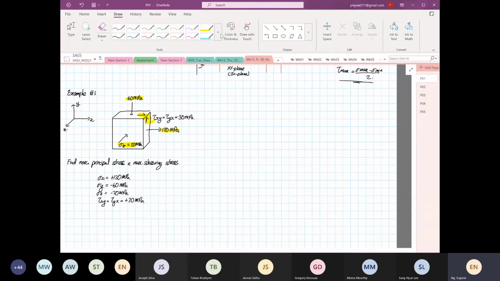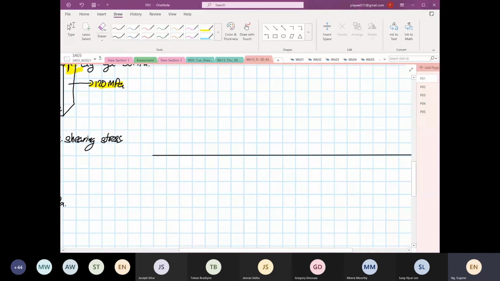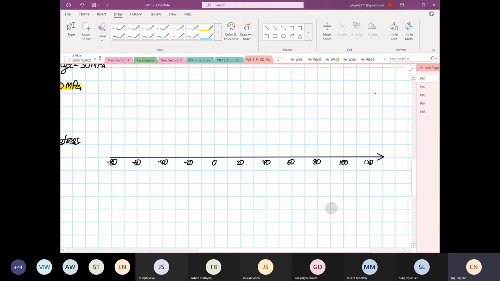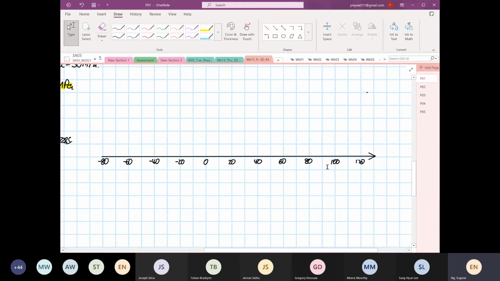Now we start drawing the Mohr circle. I will start off with minus 80, 60, 40, 0, 20, 40, 60, 80, 100, 120. And I think I need a bit more, 140.